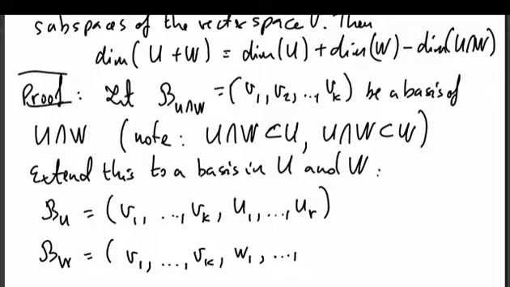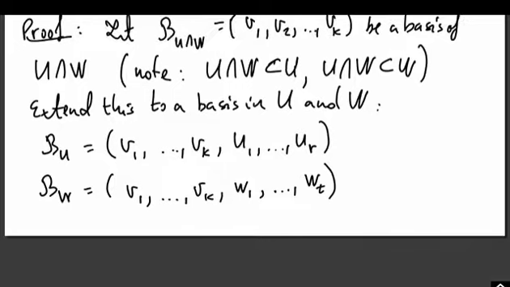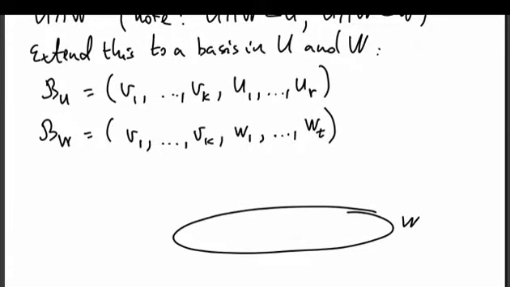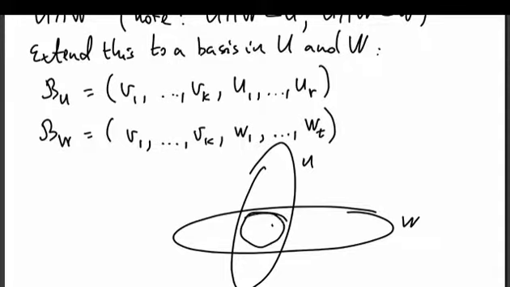We don't know how many. Let's say the notation is t number of vectors. So with this, the set theoretical picture is that you have a W subspace, we have some kind of U subspace, and then we have a basis in the intersection.